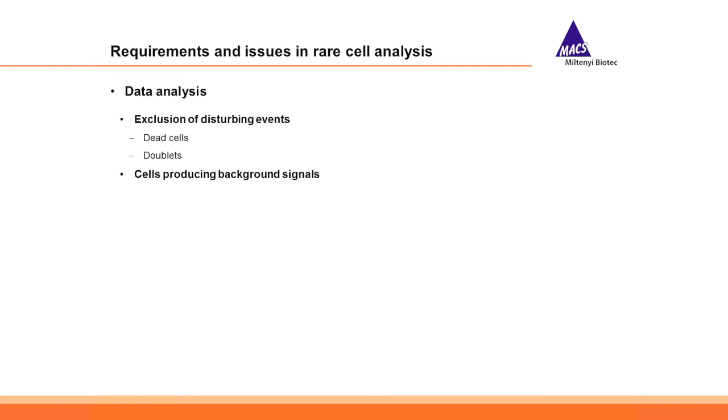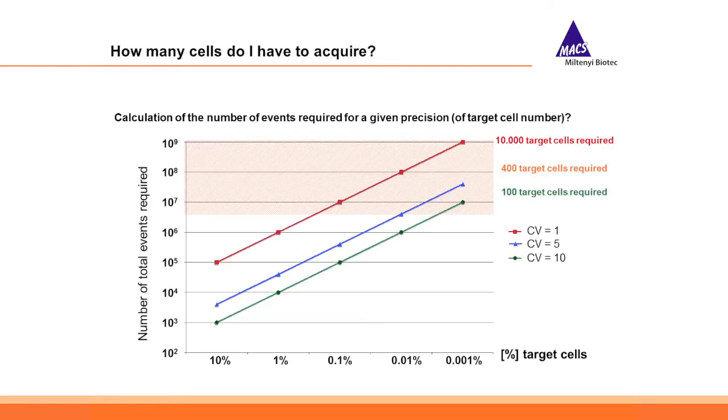Okay. So a big question that you usually have, or that you ask yourself, is how many cells do I actually have to acquire to get statistically relevant results, especially in these rare cell situations where you only have few positive events. And for that I have this little graph here.